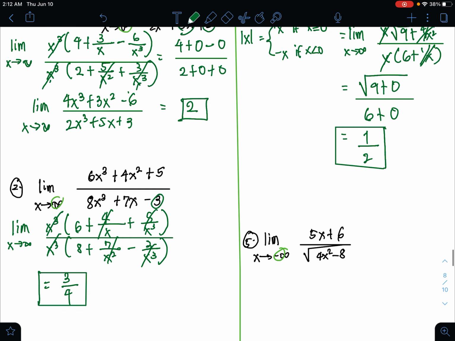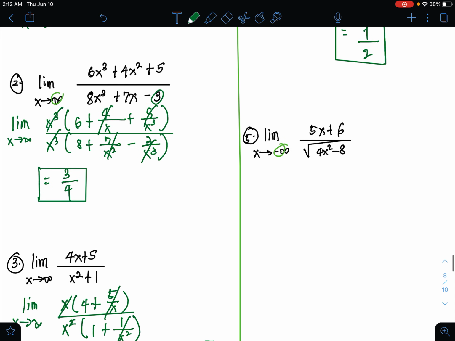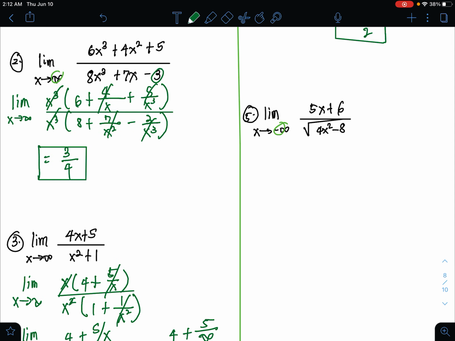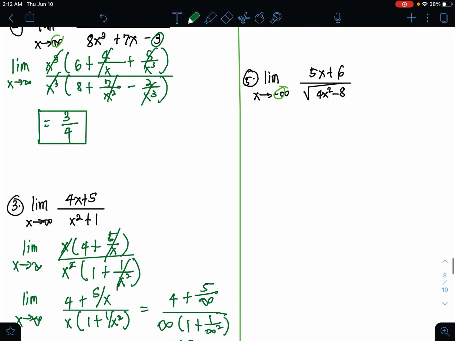Okay. Next, and the last example for limits at infinity. So 5x plus 6 over the square root of 4x squared minus 8. So this one is approaching negative infinity. So same lang gyapon. So may tabuan na is gawas na to si x times 5 plus 6 over x.